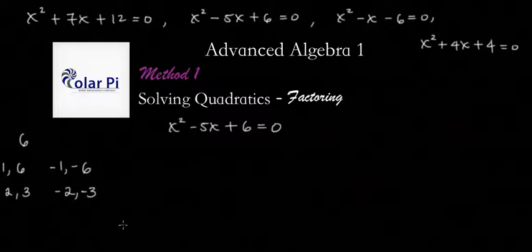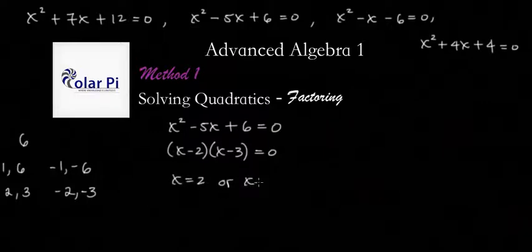And of all of these, I choose the pair that adds to negative 5, and that's these two. So we're going to have x minus 2 times x minus 3 equals 0. And so x equals 2 or x equals 3. So those are our two answers, x equals 2 or x equals 3.